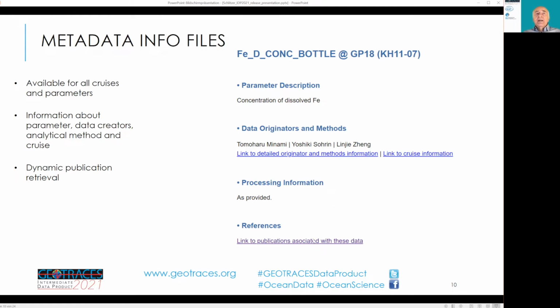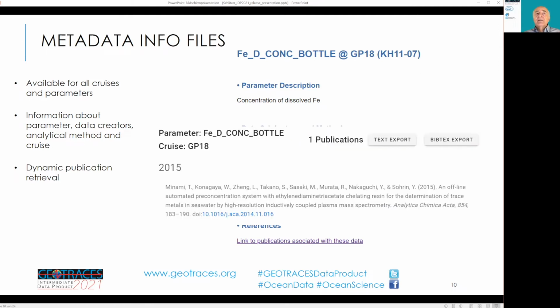And down here, this is the link for getting the actual publications. For example, I've clicked on this link and you would get the citation of the available publication. One more click here on the DOI of the publication, and you could read the actual manuscript. So we consider having this metadata information crucial, especially for users in years to come.